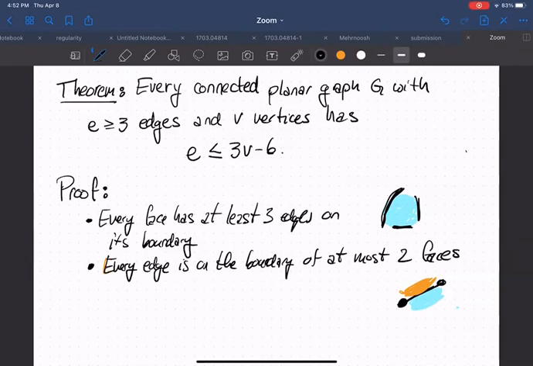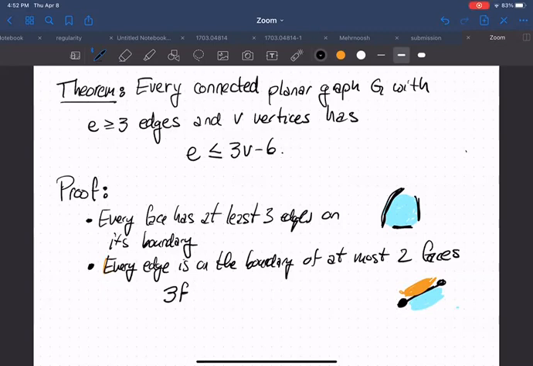So if you think about these 2 statements for a minute, you'll realize something. The first thing talks about each face having at least 3 edges.